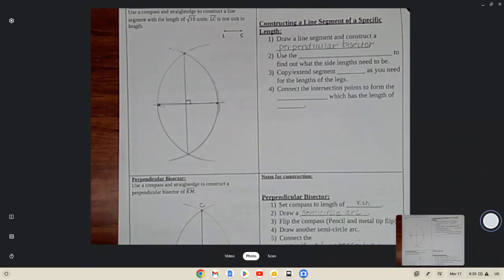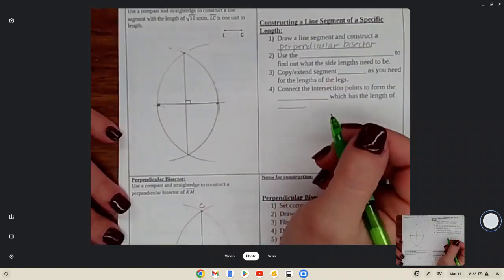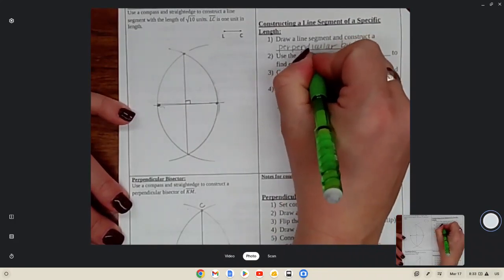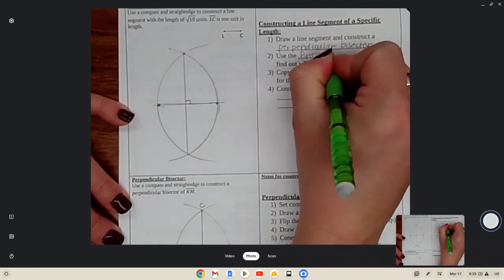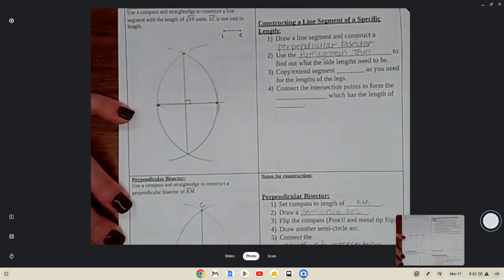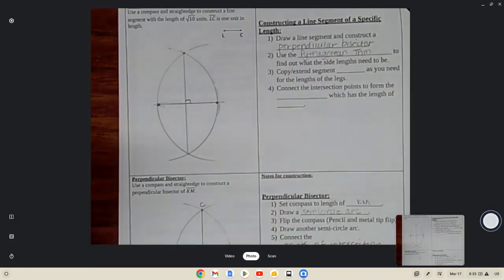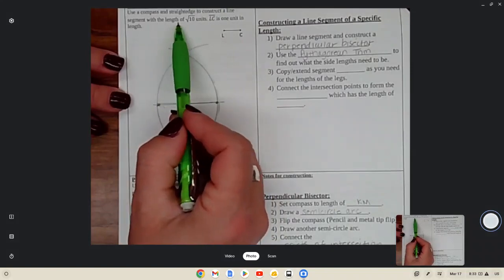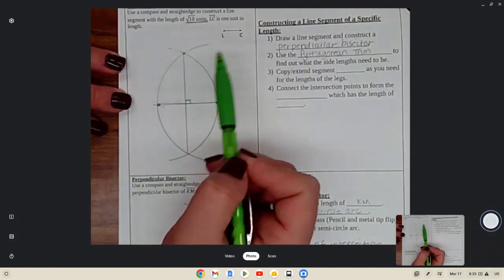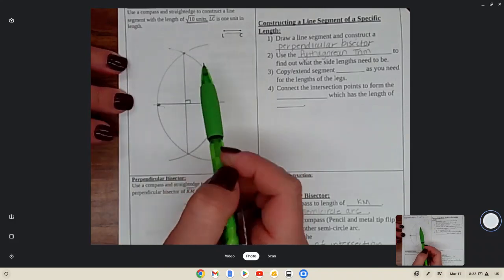Okay. So now here's the part where we have to think about this a minute. So it says use Pythagorean theorem to find out what the side lengths need to be. Okay, well, the side lengths of what? Well, we want to draw a segment with a length of square root 10 units. This is our unit.